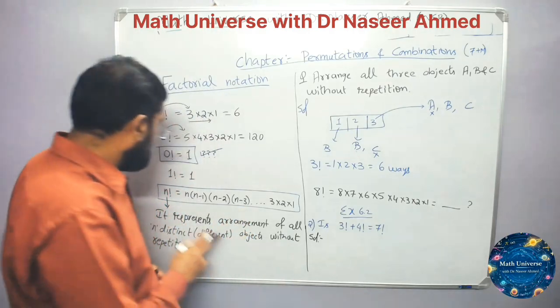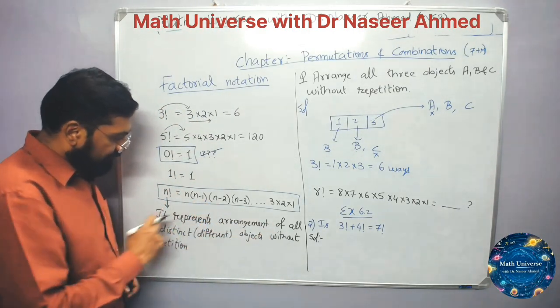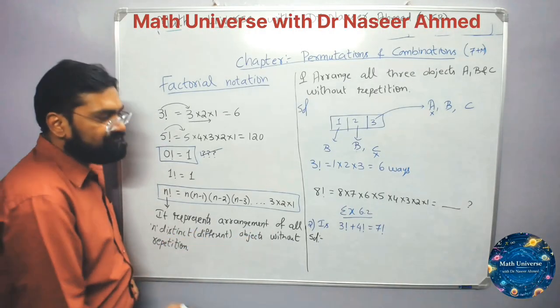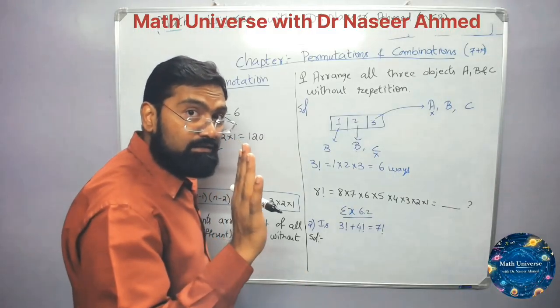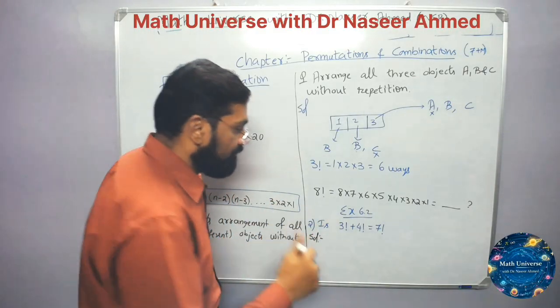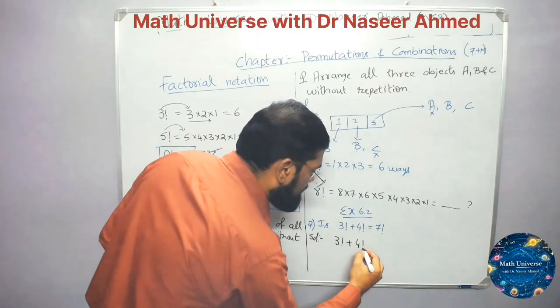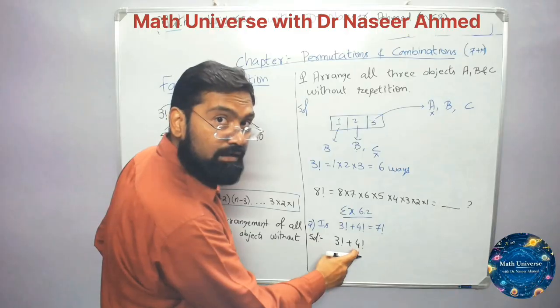Having understood that n factorial represents arrangement of all n distinct, nothing but different objects without repetition, 3 factorial means arranging all the 3 objects without repetition, and 4 factorial stands for arranging all the 4 objects without repetition.